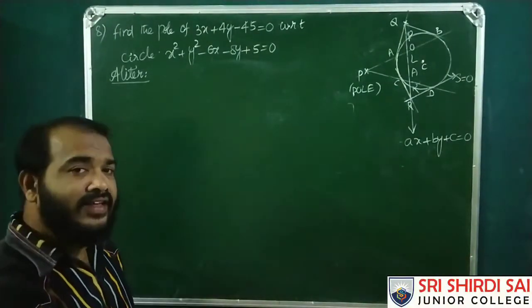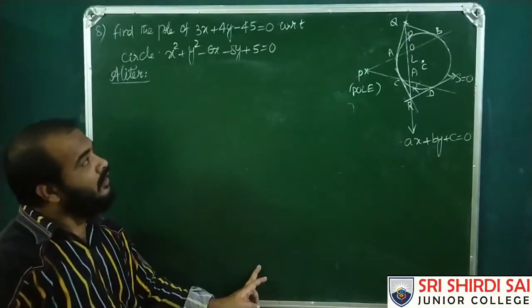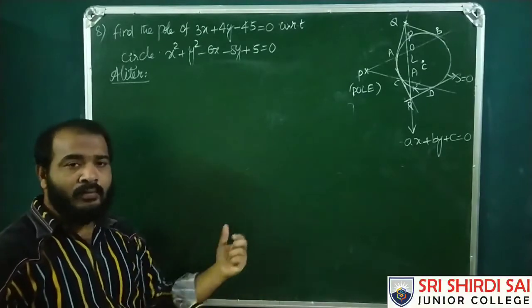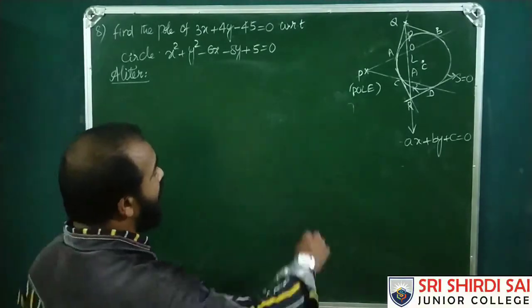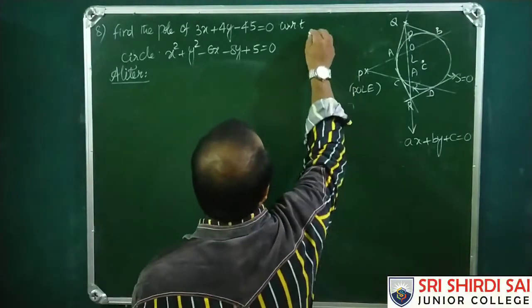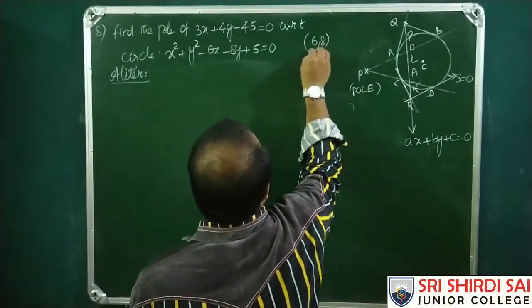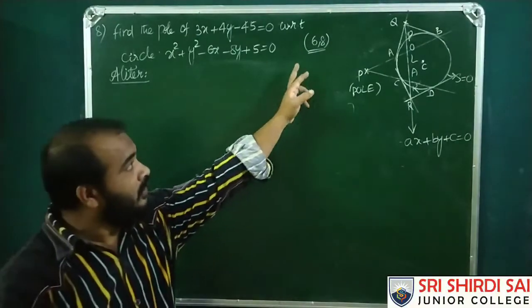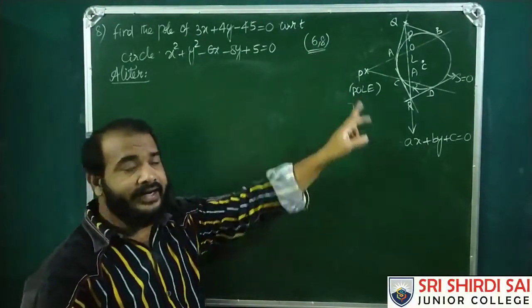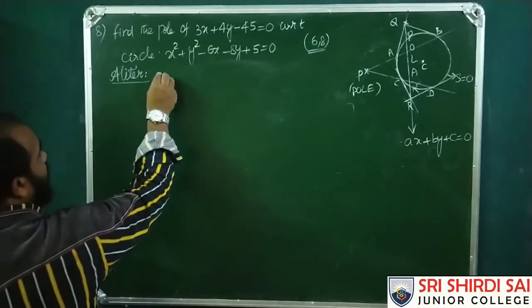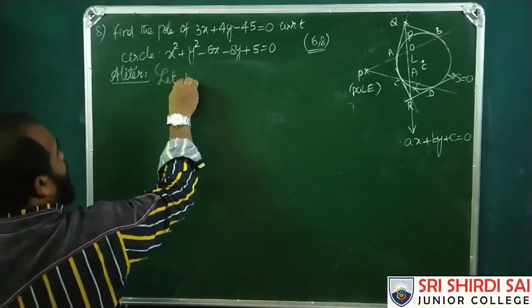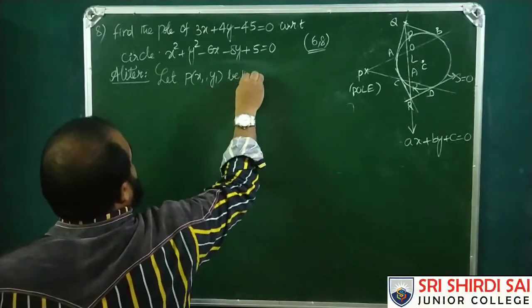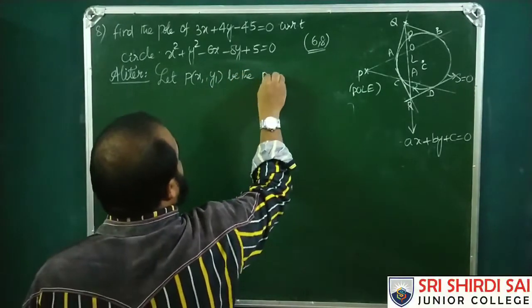Let us see another alternative of the problem that we have discussed before. Using the formula we arrived at the answer (6, 8). So let us see whether, without applying the formula, we can also get this (6, 8). Let P(x1, y1) be the pole.